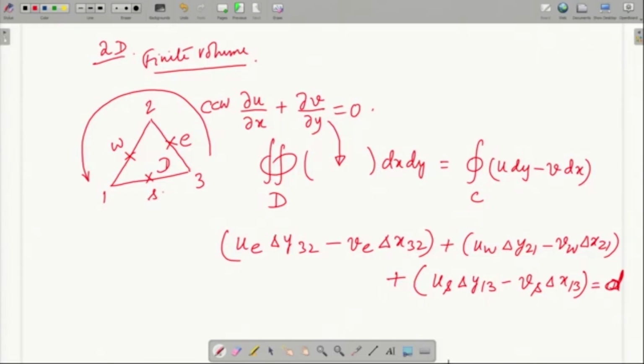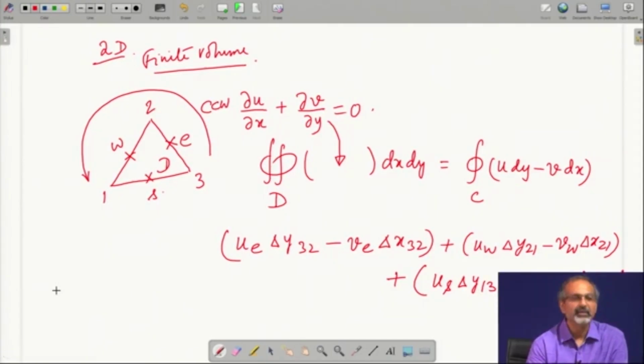So, likewise you can take the different terms in the governing equation and convert the surface integrals into line integrals and integrate it along the periphery of such control volumes which you have created through the triangulation process.